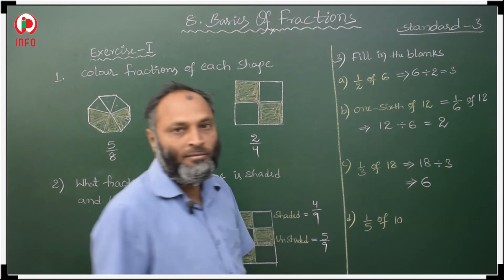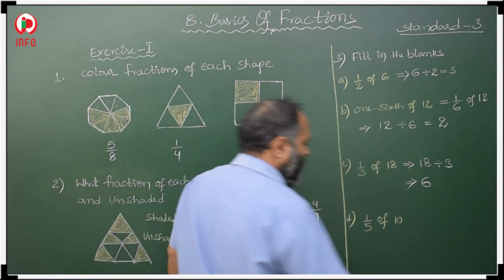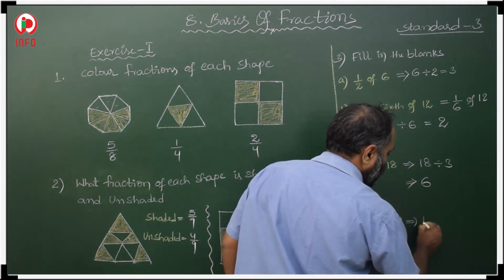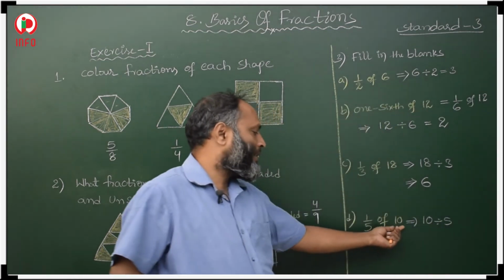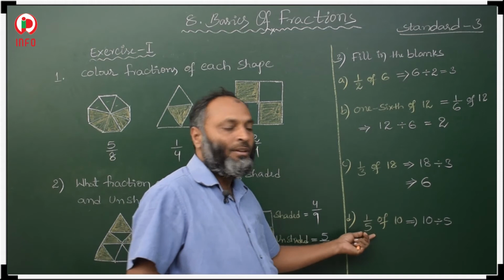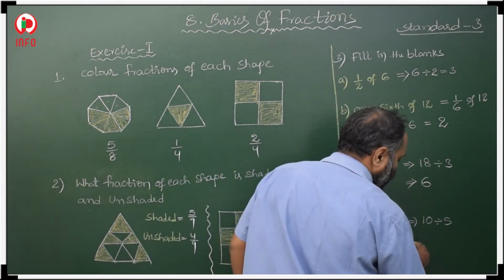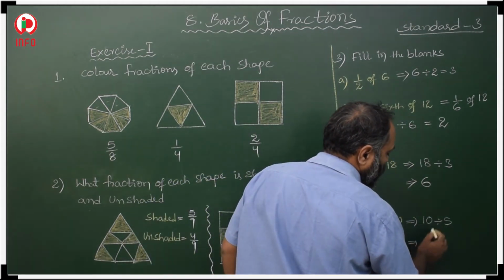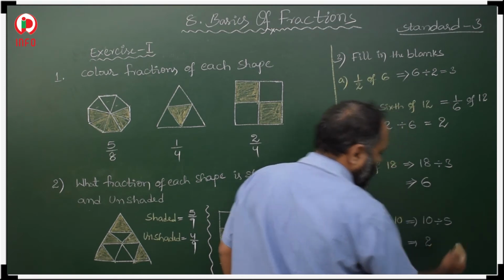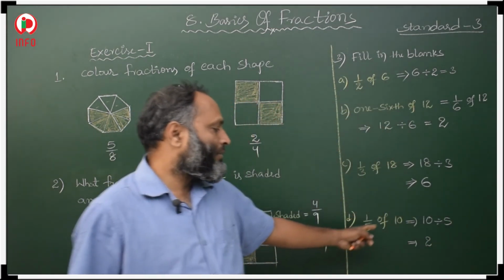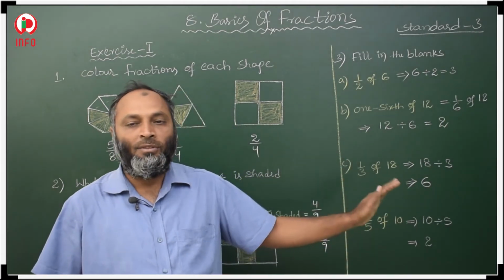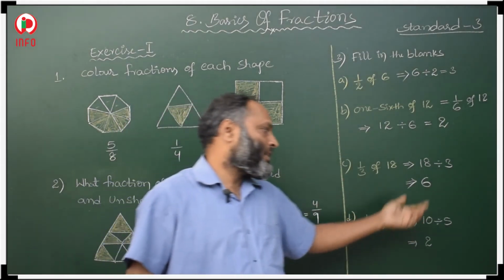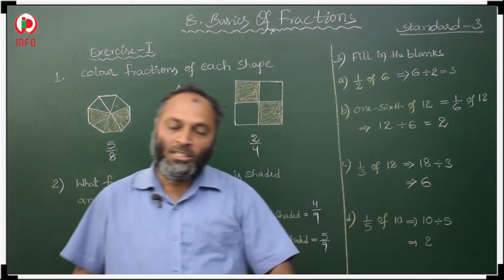Then after that 1/5 of 10, 10 divided by 5. In the 5 table when you get 10, 5 2s are 10. So 1/5 of 10 is 2. Half means with that number we have to divide. Then you have to check what your quotient is, that is our answer.